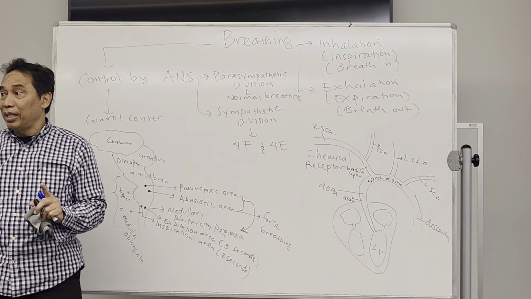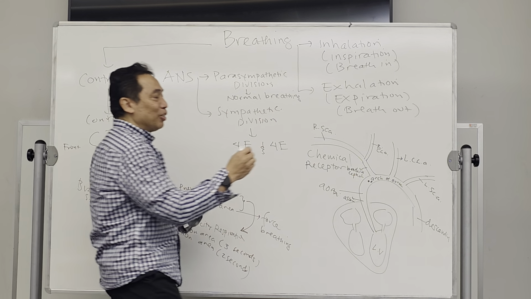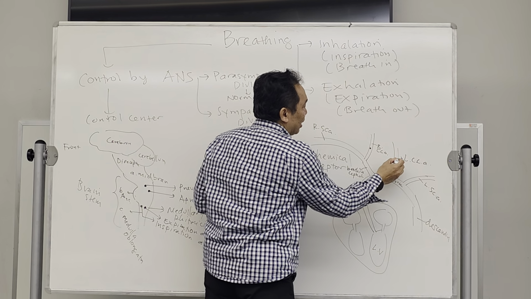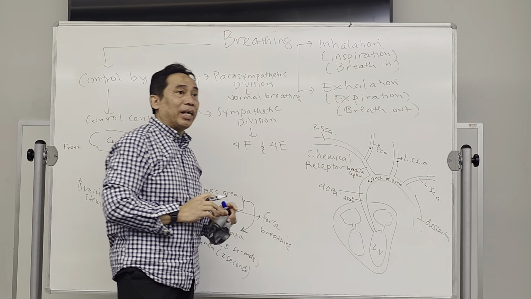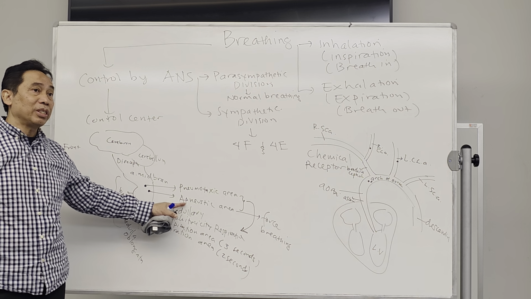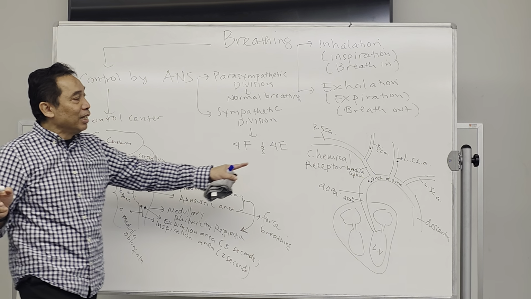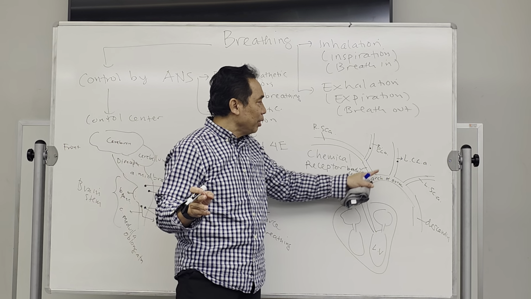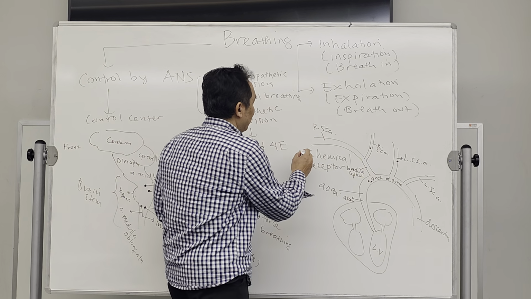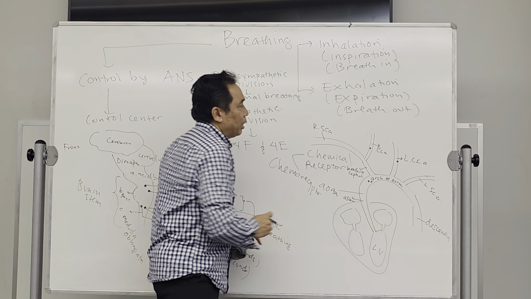Now, the brain is one of the important organs. They need a lot of oxygen. Therefore, we also have another receptor over here in the common carotid artery that tells whether there is enough oxygen that will go to the brain. If not enough, then we're going to force the inhalation, inspiration. Alright, so there are chemical receptors that we call the chemoreceptors located in the blood vessel.